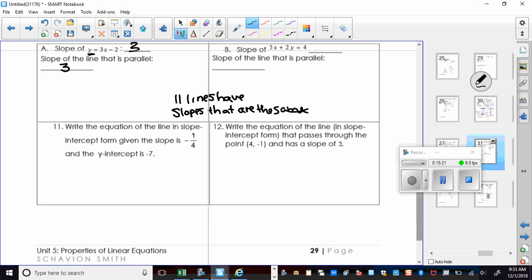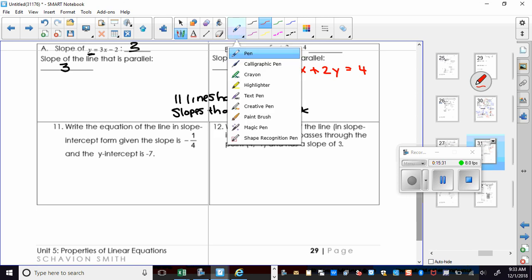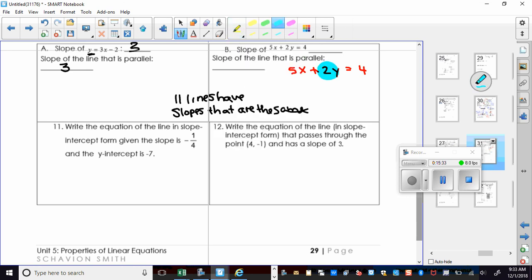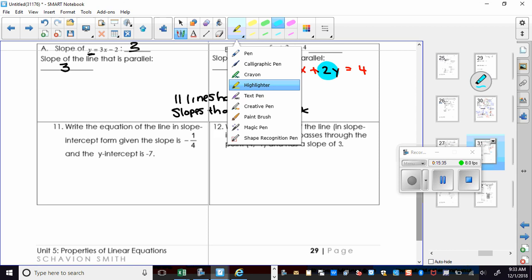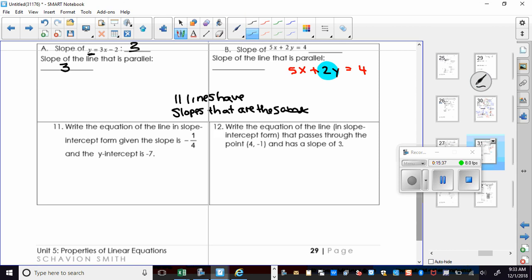Now for B, the y term is not by itself. I have 5x plus 2y equals 4. In order to get this y term by itself, I need to move that x term. So subtract 5x on both sides. 4 and 5x are not like terms. 2y comes down, equals 4 minus 5x.